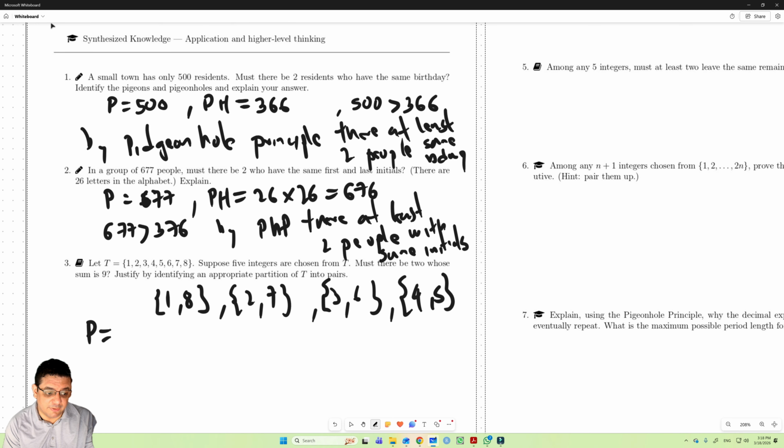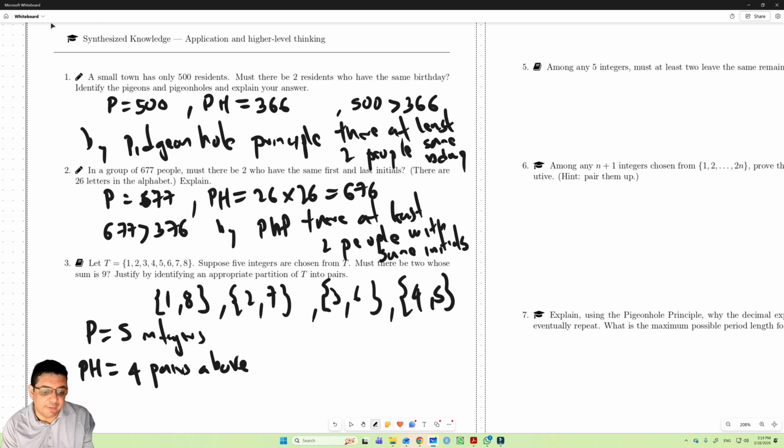The pigeons are going to be these 5 chosen integers. And then the pigeonholes here are going to be the 4 pairs above. And so what happens is that by the pigeonhole principle, if you pick 5 integers, because 5 is bigger than 4, you're going to have 2 integers that lie in one of these bins.